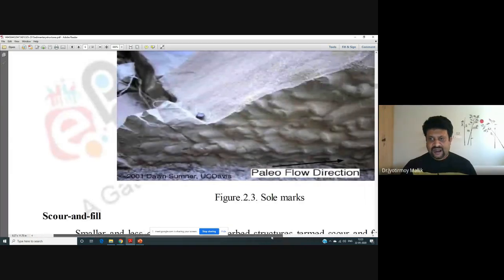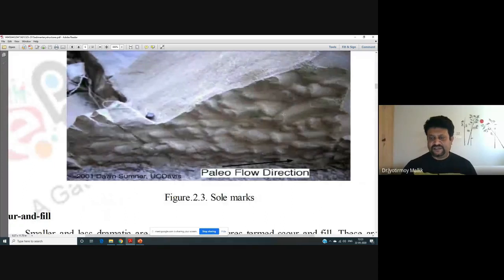So these are the impressions of the scours which have been developed on a rock which was immediately underneath. Right? And from the morphology of these beautiful scour marks which are now filled, they are called sole marks, and the filling of the impression of the scours on the overlying bed is called sole marks.